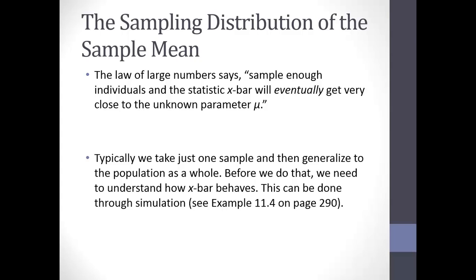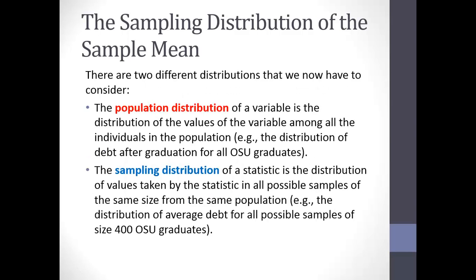But this is the idea, and what we'll use it for is to get a good idea of the behavior of x bar. If we can understand how x bar behaves, then we can get a better idea of this. So there are two distributions that I want to introduce here: the population distribution and the sampling distribution.